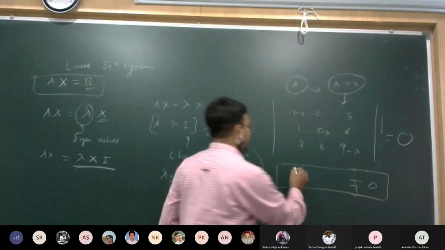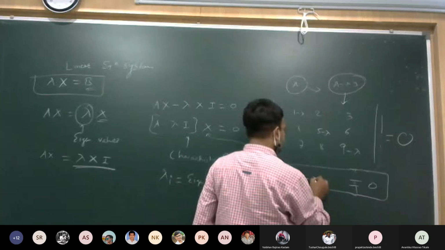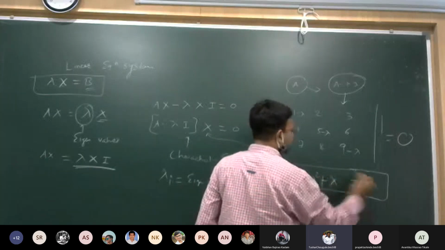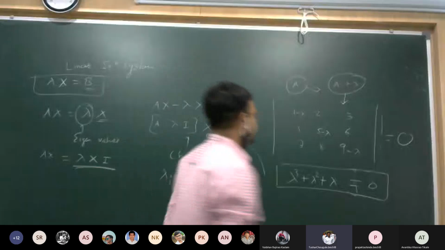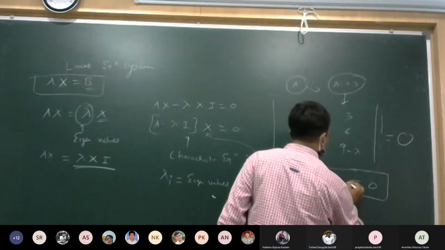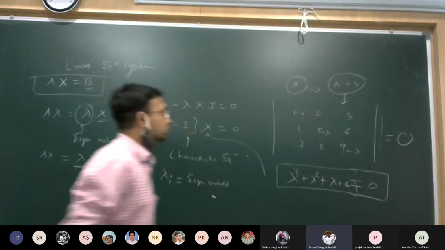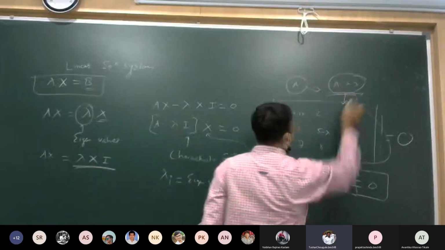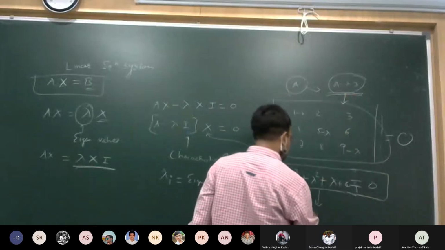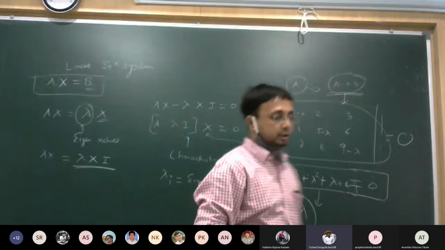It would be lambda cubed plus lambda squared plus lambda equal to 0, or lambda squared plus lambda plus some constant value equal to 0. If you solve this equation using A minus lambda I, we can find the lambda values. So this is a simple technique.